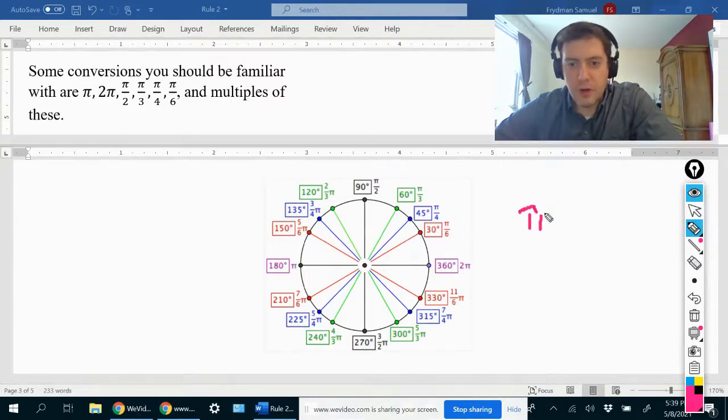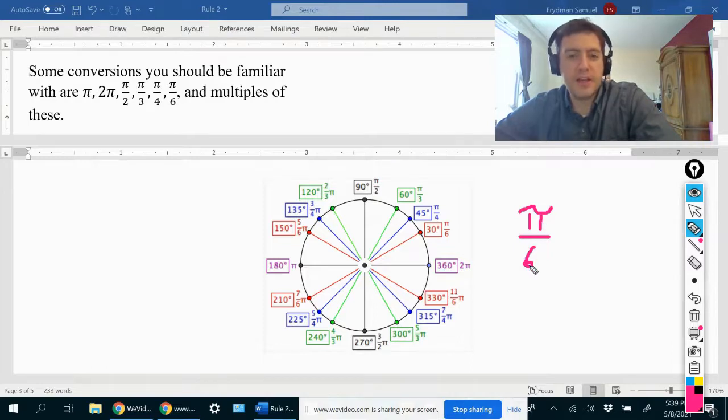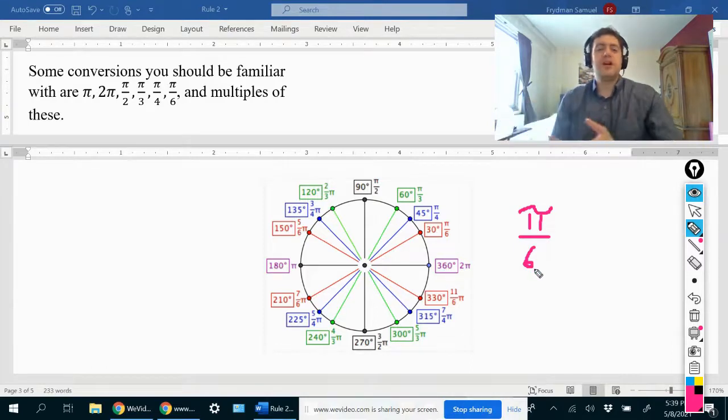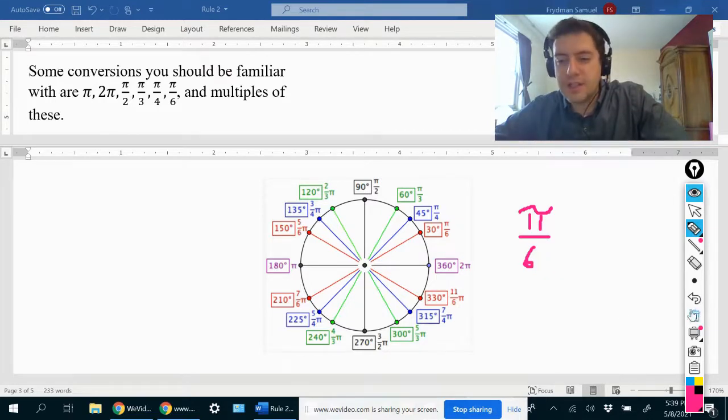Because what's pi over 6? Well, pi is approximately 3. So pi divided by 6 should be approximately a half, because 3 divided by 6 is exactly a half. So something which is about 3 divided by 6 should be about a half. All right, so that's the same answer that we got before.